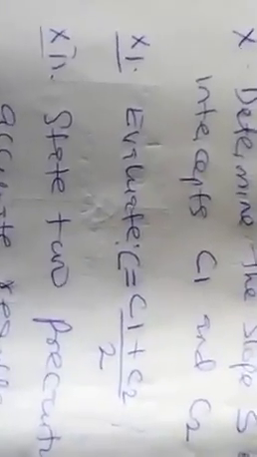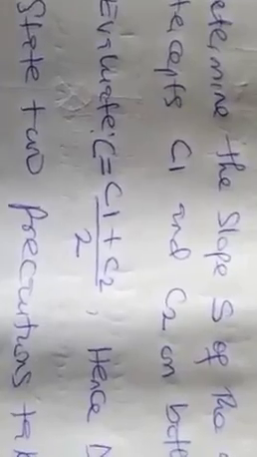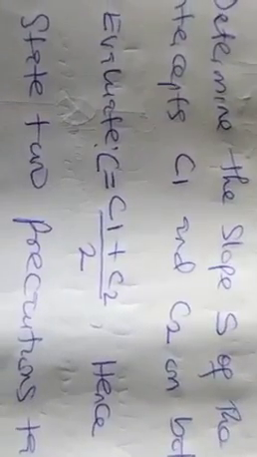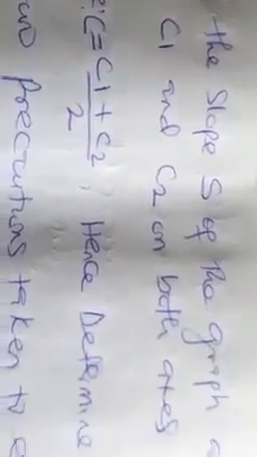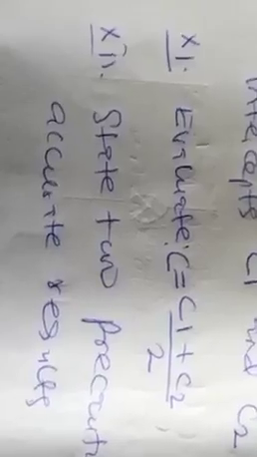Then XI says evaluate C equal to C1 plus C2 over 2, that is, the average or the mean of the intercepts. Hence, determine K equal to 1 over C. Then XII, state the precautions taken to ensure accurate results.